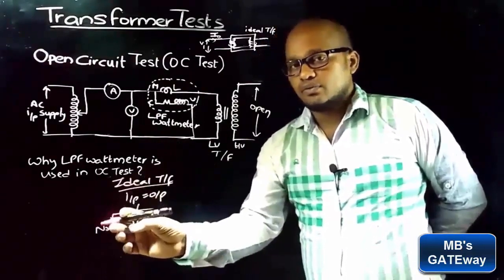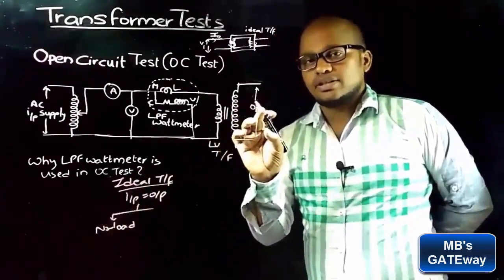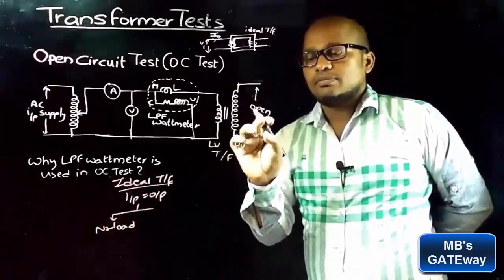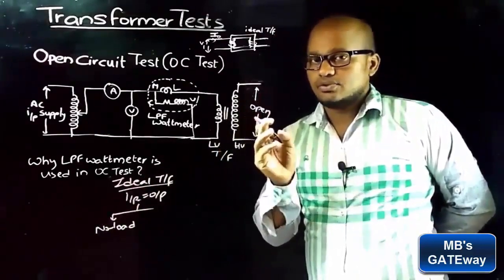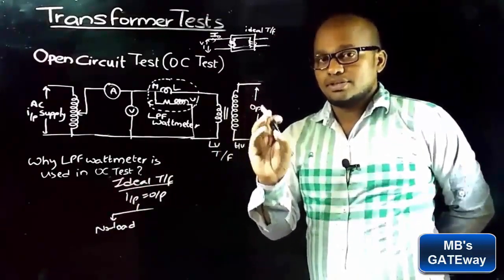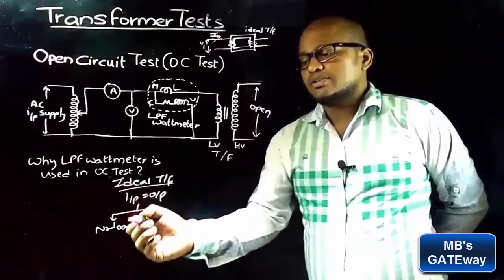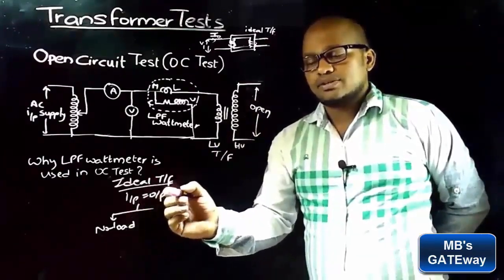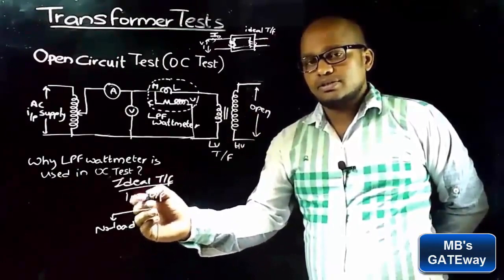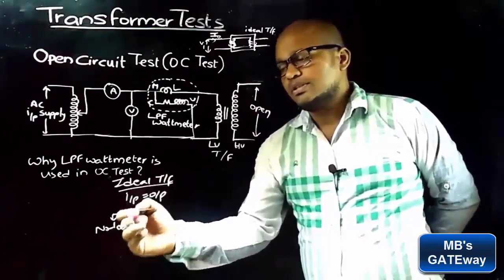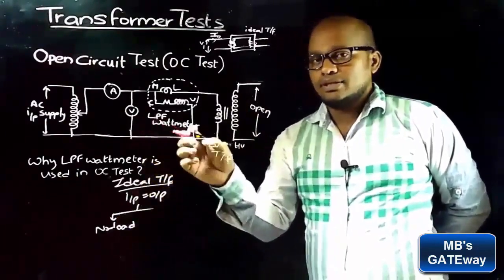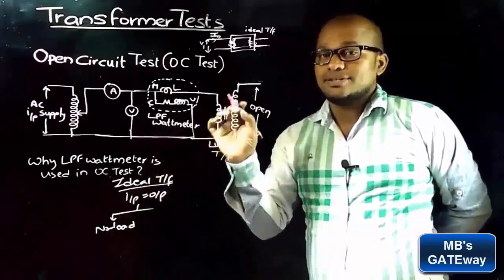In the case of a no load ideal transformer, the secondary circuit is left open, meaning the secondary current is 0, so the output power is 0, which implies the input power taken by the no load ideal transformer is 0.